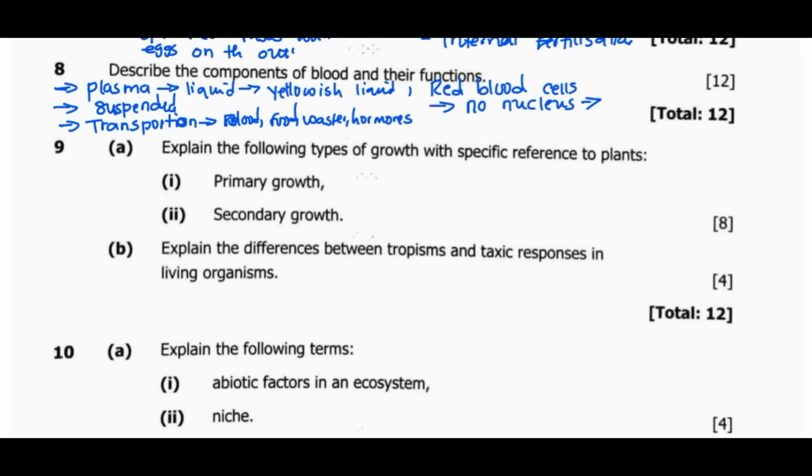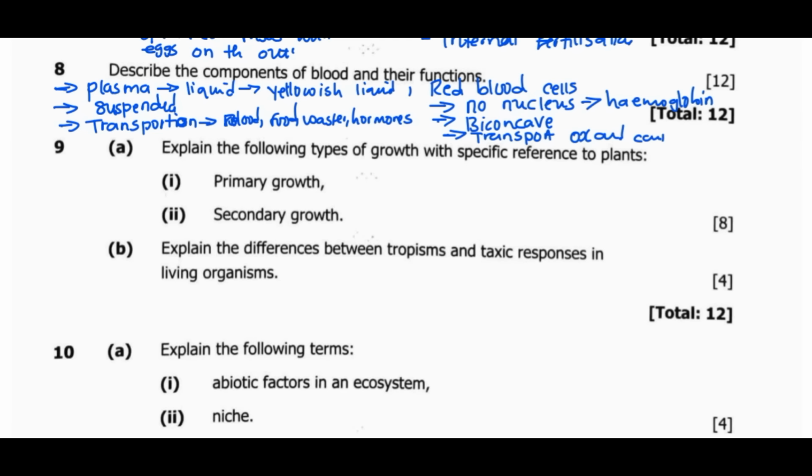And I'm sure you remember the reason why there is no nucleus. So to create a large space for hemoglobin. Then in terms of the shape, we say that they are biconcave. Then the function is to transport oxygen and carbon dioxide.